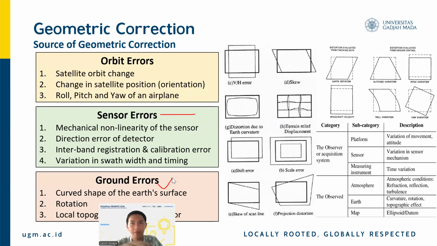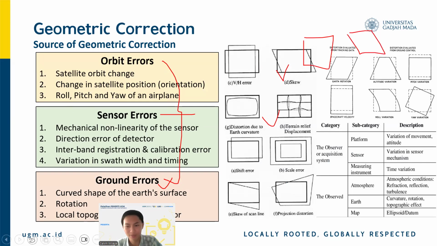Earth is not flat, it has variations, and those sources of error create something like this, so the image is not a rectangle but sometimes skewed like this one, and we need to correct this type of remote sensing imagery geometrically.